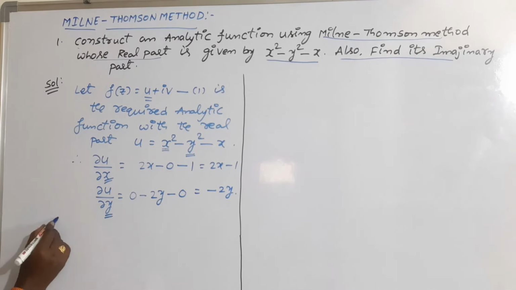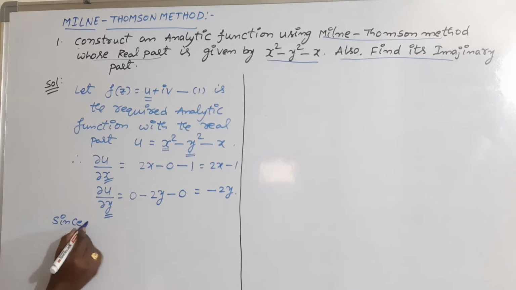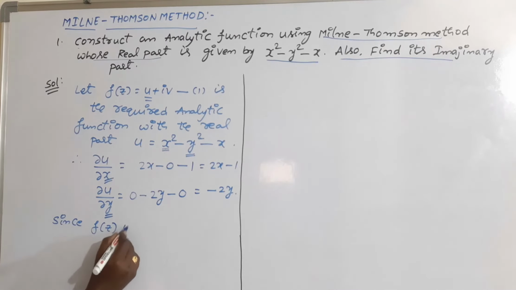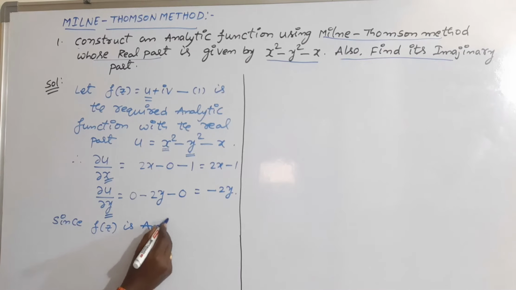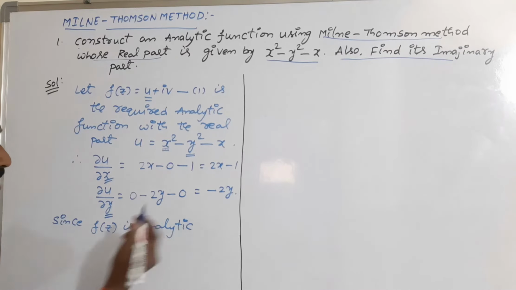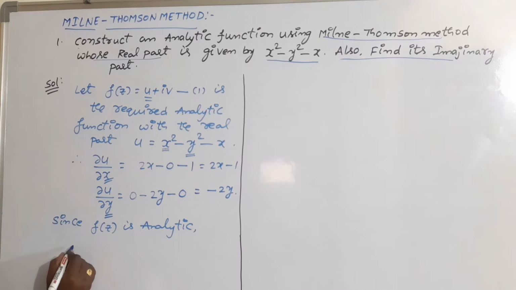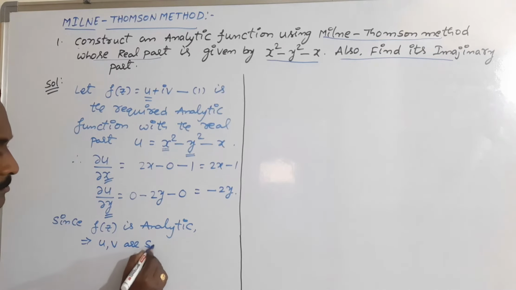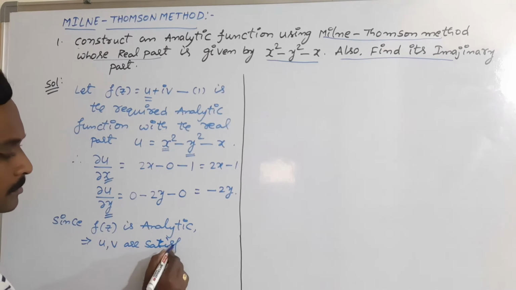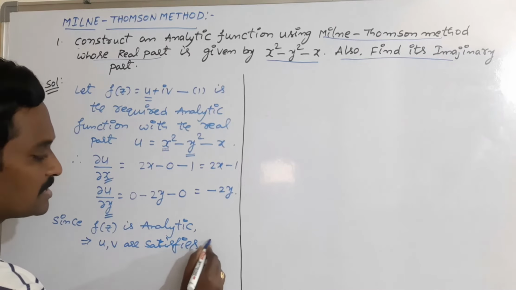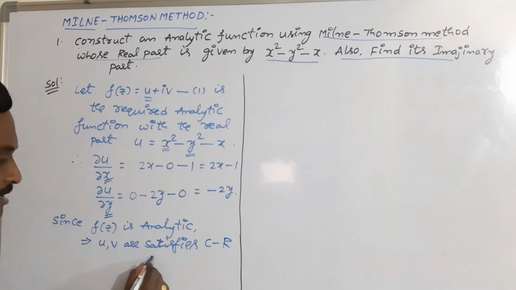Since f of z is analytic, we are going to find an analytic function whose real and imaginary parts, u and v, satisfy the CR equations, the Cauchy-Riemann equations.